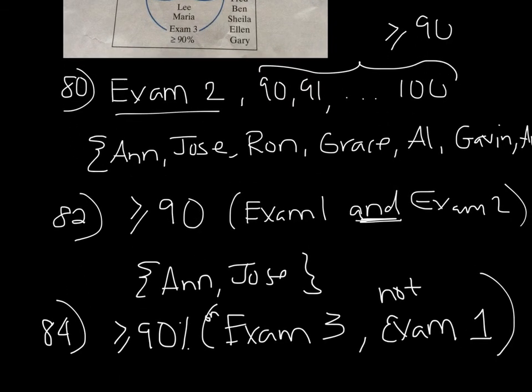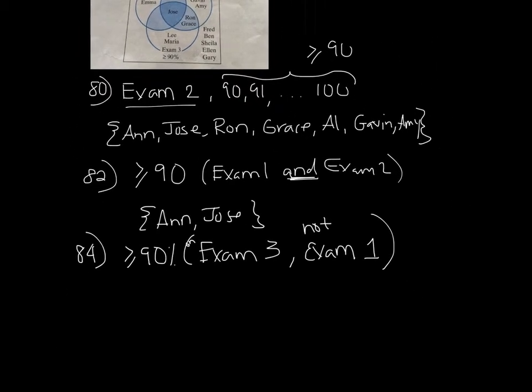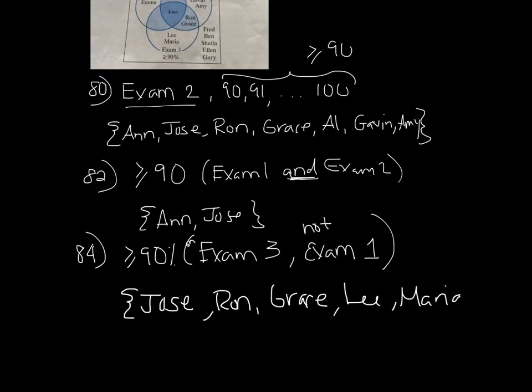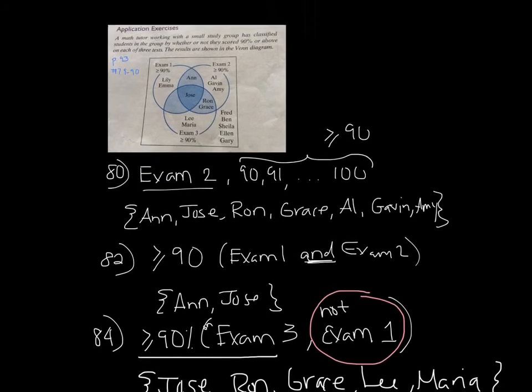Again, on your test, just show every step. So right now, Jose, Ron, Grace, Lee, and Maria. All these students scored at least 90% on exam 3. But it also says and not on exam 1, so we have to exclude exam 1.